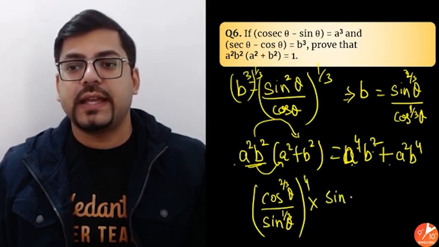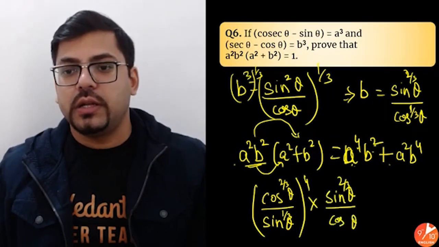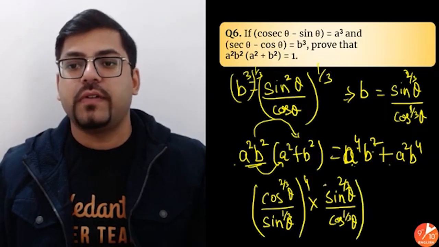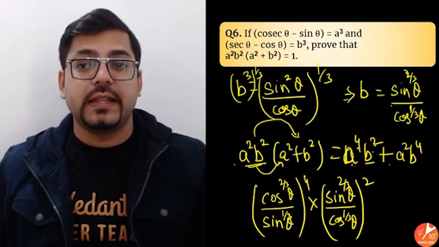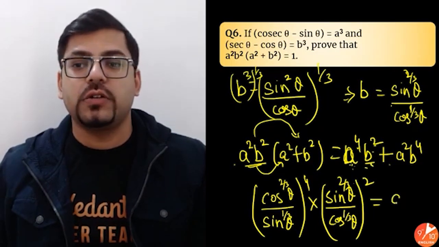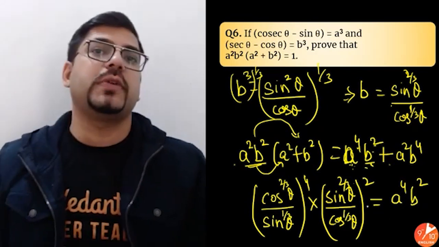So b is sin theta power 2 by 3 divided by cos theta power 1 by 3 and whole power square. This is the value of b, so I have put the value of b. This is a4b square, only one term. So let us solve this first, a4b square.